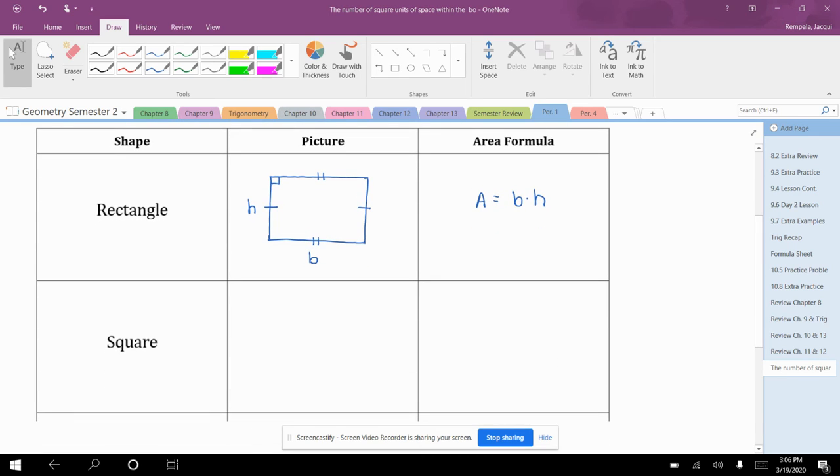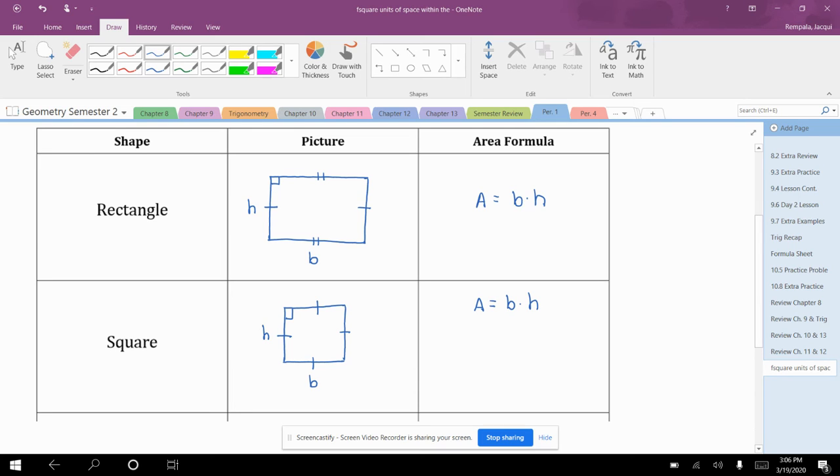When we're talking about a square, well, if I was to sketch a picture, remember a square is four sides. We have at least one right angle, but the difference between a rectangle and a square is that a square has all sides congruent. So once again, you can think of that side down here as B and this one is H, and it is the exact same formula as my formula for a rectangle.